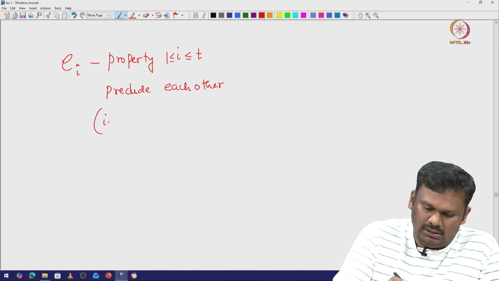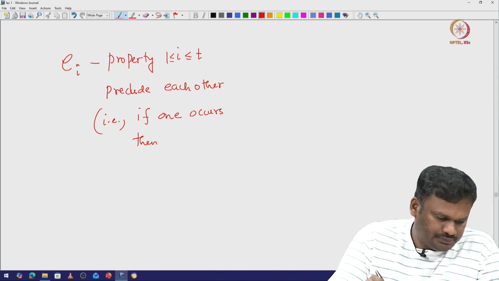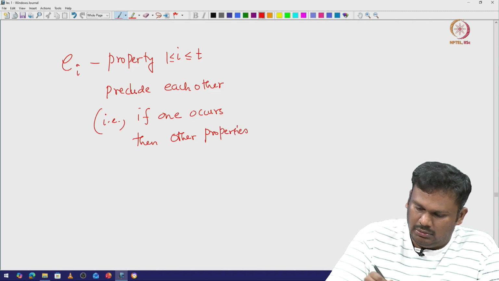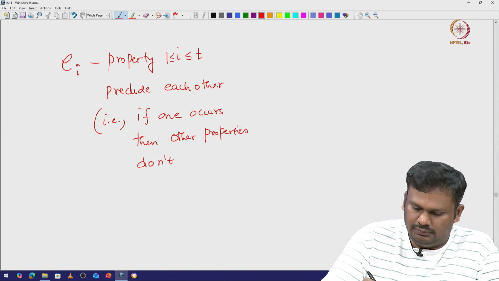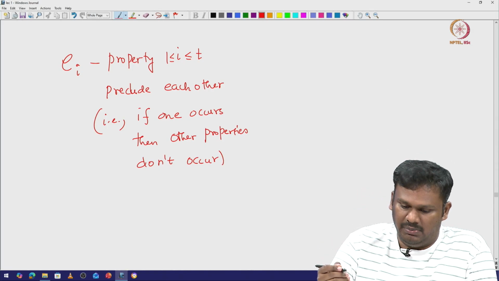So, that is, if one occurs, then other properties do not occur. So, they are mutually exclusive. So, that is what it means.